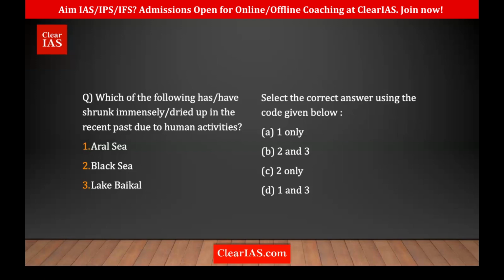Then we have Black Sea. Black Sea is actually not considered a lake itself. We know it is connected to the Sea of Marmara and then to the Mediterranean Sea, so it cannot be considered a lake. You can eliminate that option also. So if 2 goes and 3 goes, there's only one option, A. And the question is about what has shrunk immensely, dried up in the recent past.